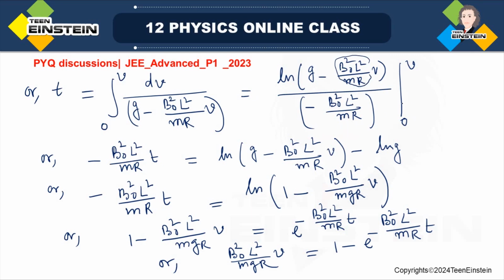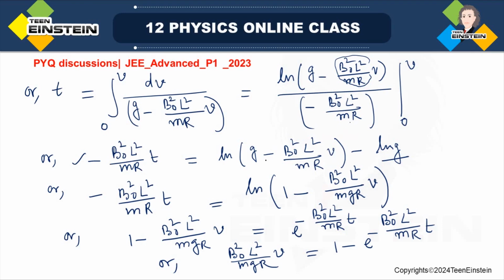Now let us put the limits. Before putting the limits, let me multiply this term on the left hand side, which I have done here: minus B naught square L square by mR into t. On the right hand side I have put the limits. The lower limit v equal to 0, so this term will be 0, and you will get ln g, and for the upper limit you can put v.